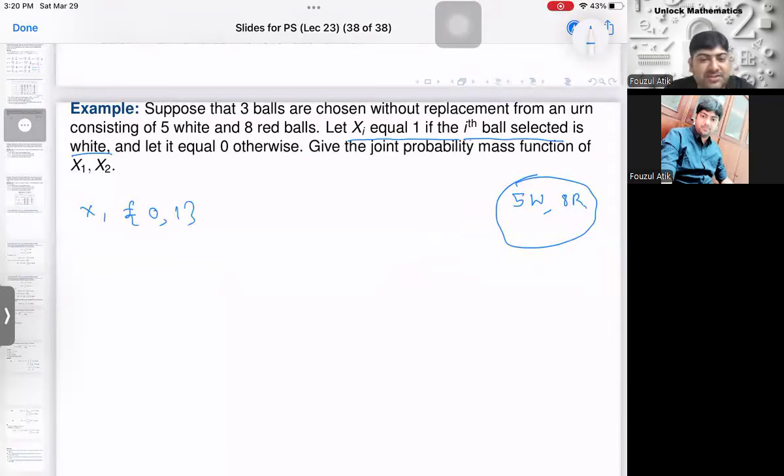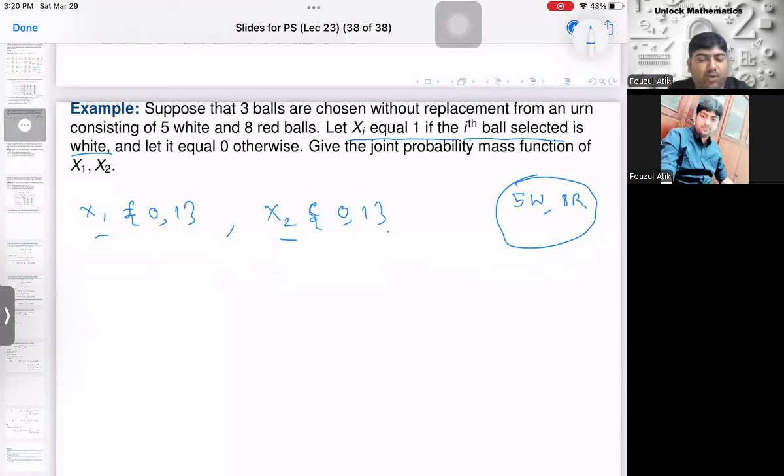Whenever in the first step you get a white ball, then x1 is 1, otherwise x1 is 0. Similarly, x2 also has two values, 0 and 1, where x2 is 1 if the second ball is white.